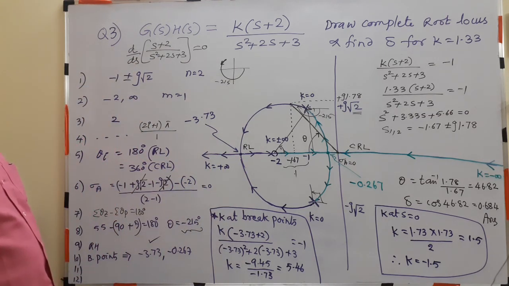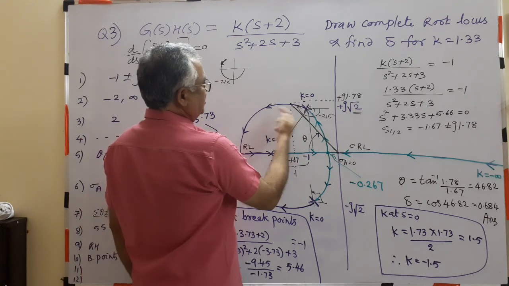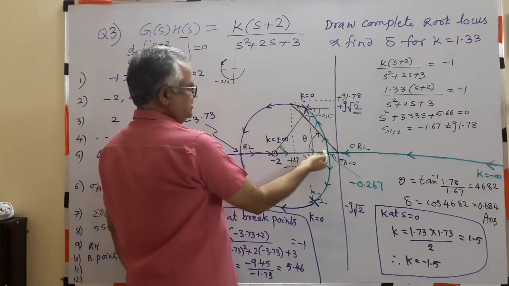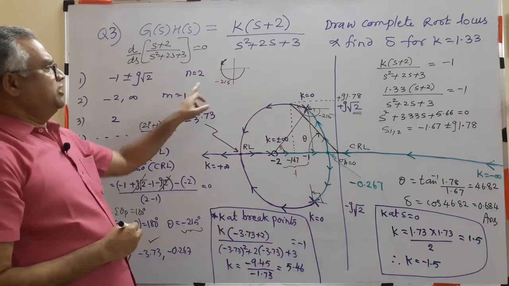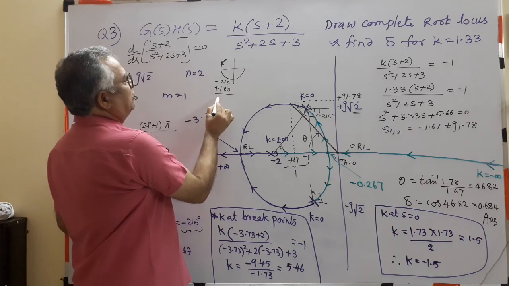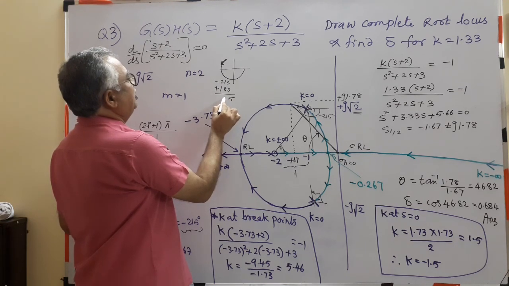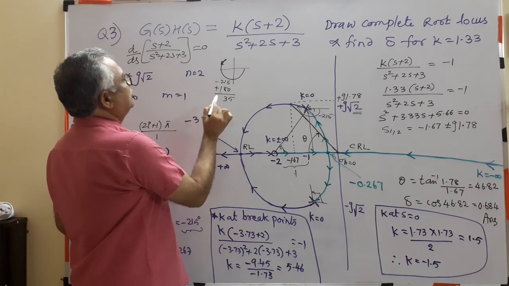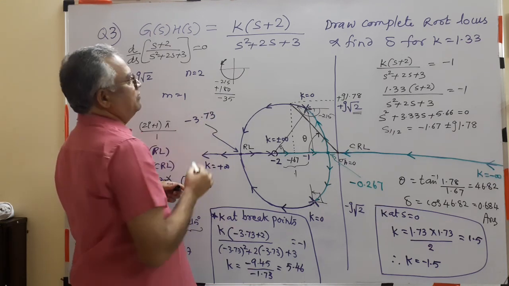That is the root locus portion. But if you are interested to know the complementary root locus, this is angle of arrival, this is angle of departure. So minus 215, if you add plus 180, you will get minus 35.